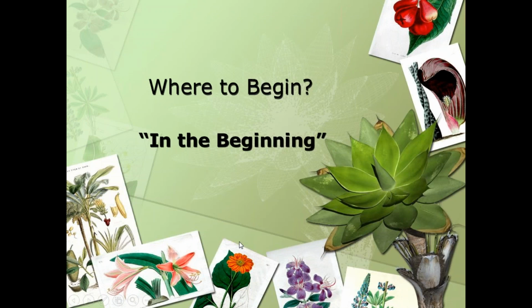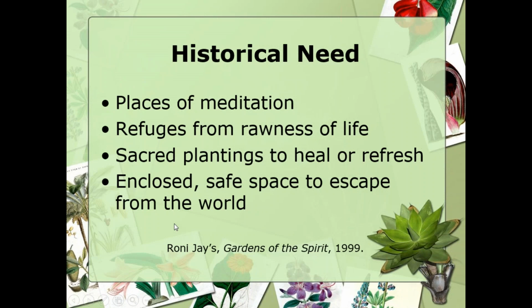So very clear where we're going, where to begin in the beginning. So historical need. There was a need for places of meditation, refuges from rawness of life, sacred plantings to heal or refresh, enclosed safe space to escape from the world.